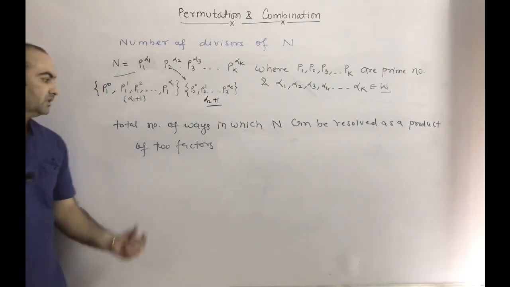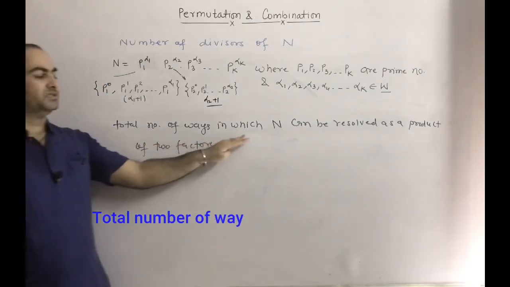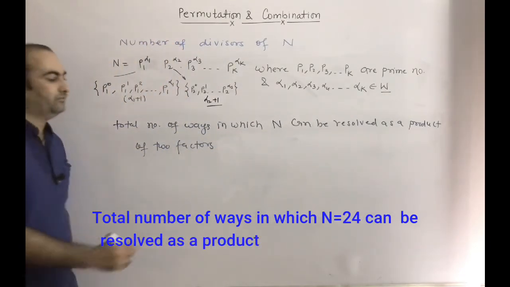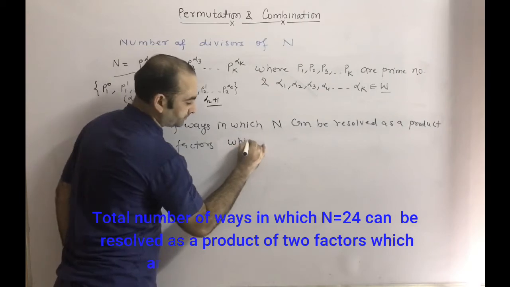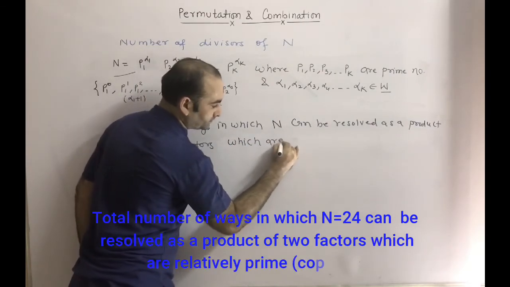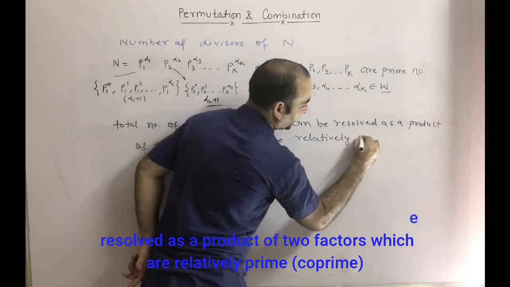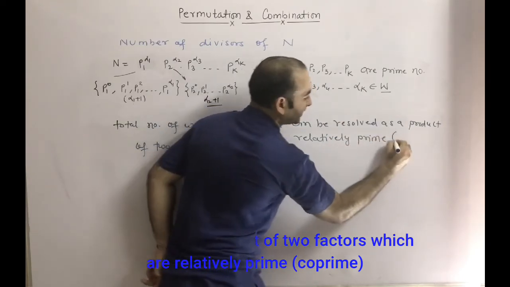And the last point is the total number of ways in which n can be resolved as a product of two factors which are relatively prime, we can say co-prime.